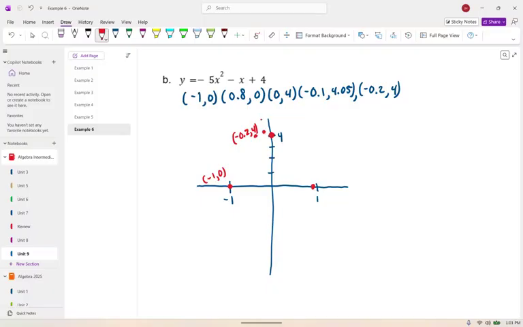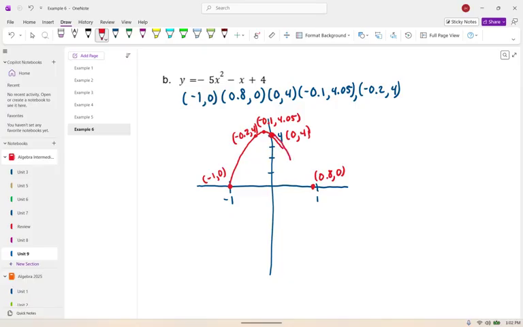We have negative 0.1, 4.05. We have 0, 4. And we have 0.8, 0. And then a nice smooth curve going through those points.